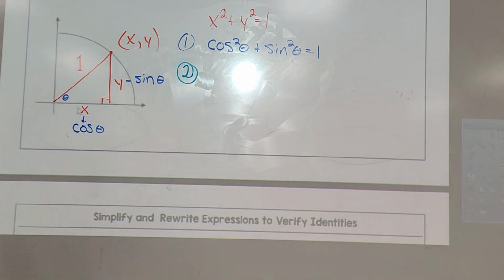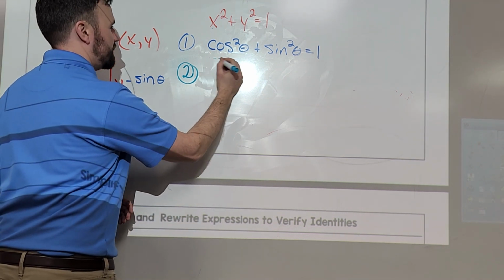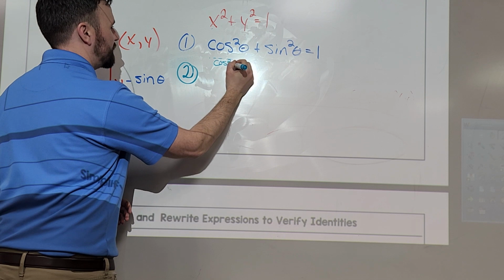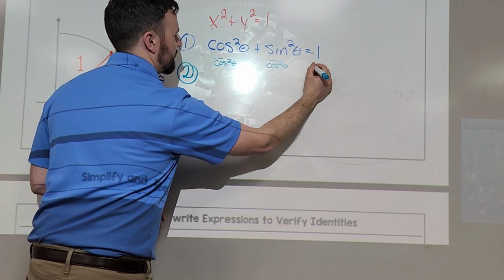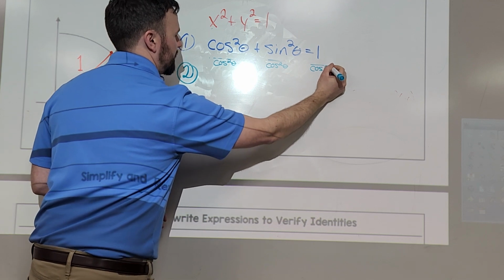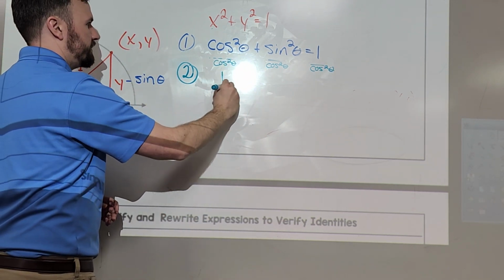Alright, so let's do this. What if I divided everything by cosine squared on this one? Just think about this. I'm going to divide this by cosine squared. What's cosine squared divided by cosine squared? 1.